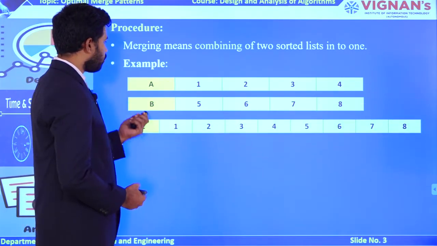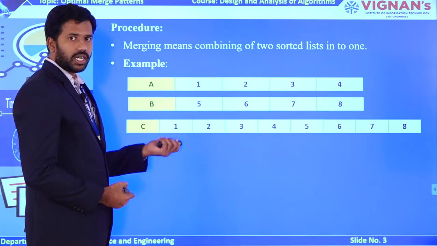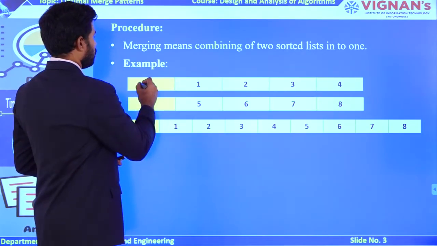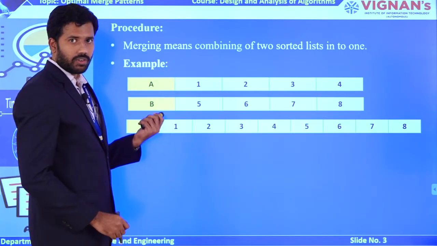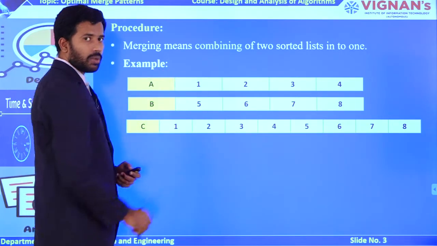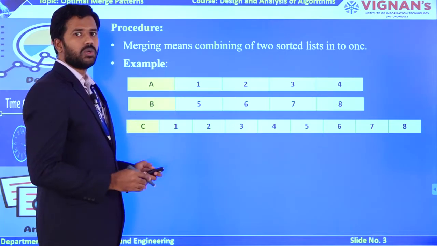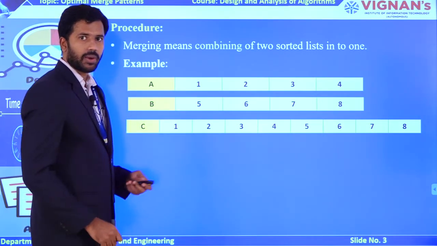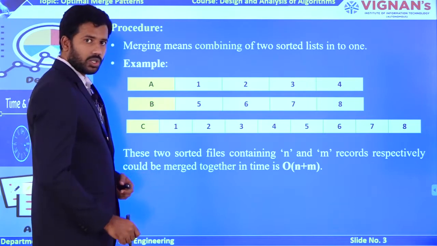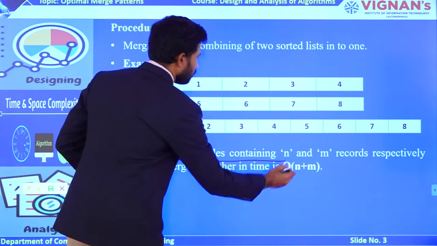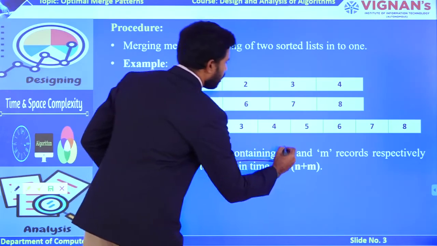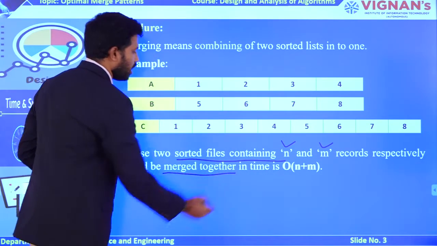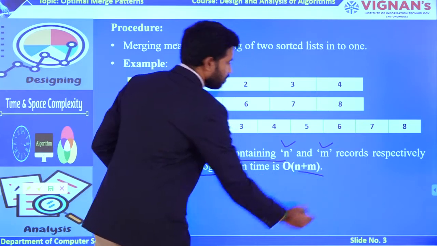If you merge these two files, the resultant array has 8 memory locations. Why? Because input array A has 4 elements and B also has 4 elements. To combine these two sorted arrays, the output array must have 8 memory locations. If you have two sorted files containing n records and m records, the merged file will have n plus m.